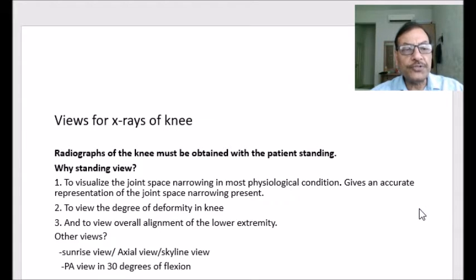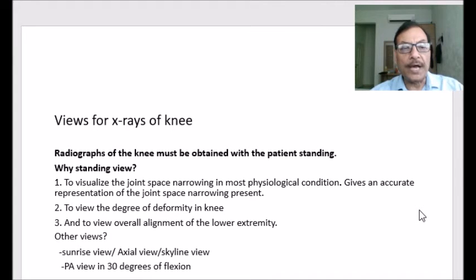What are the views that are required to understand the osteoarthritis of the knee? The radiographs of the knee must be obtained when the patient is standing. And why is a standing view necessary? Because by taking an X-ray when the patient is standing, the joint space narrowing can be visualized in the most physiological condition.